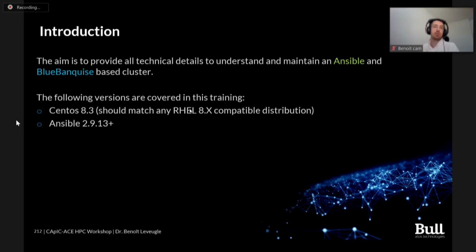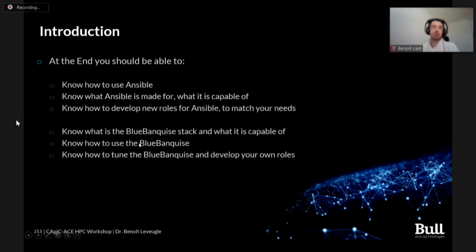What you are going to learn today also works on Ubuntu and Debian. Ansible can be used everywhere. Just be sure we use at least version 2.9 of Ansible. So you can do this training on Ubuntu if you want.